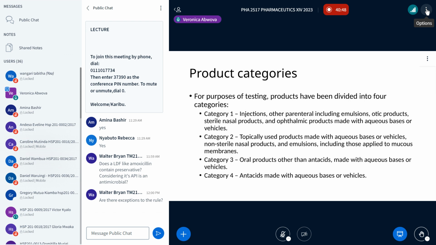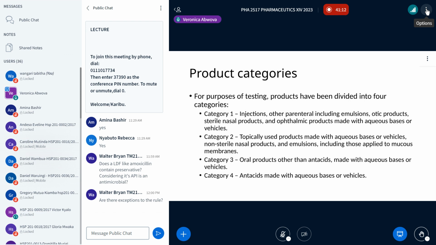Category 1, for the purposes of testing preservative effectiveness, is composed of injections, other parenterals including emulsions, otic products, sterile nasal products, ophthalmic products, and products made with aqueous bases or vehicles.